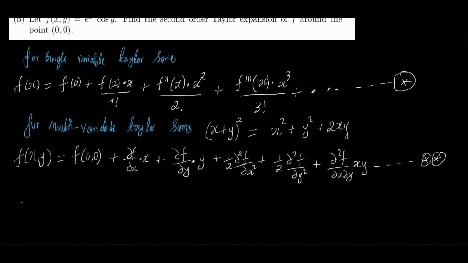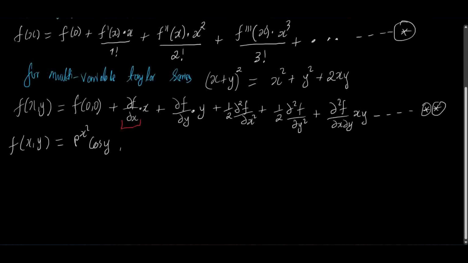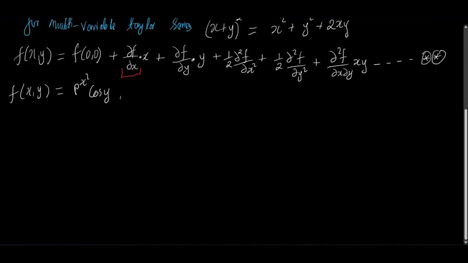So we know our function to be f(x, y) equals e raised to the power x squared times cos y. So the first thing we need to do is to actually calculate our partial derivative with respect to x. To do that calculation, this is a product.